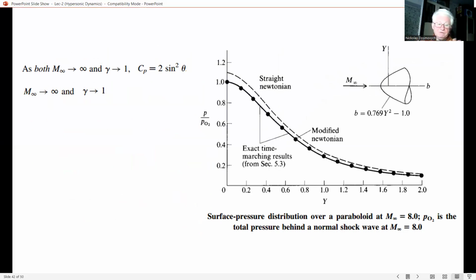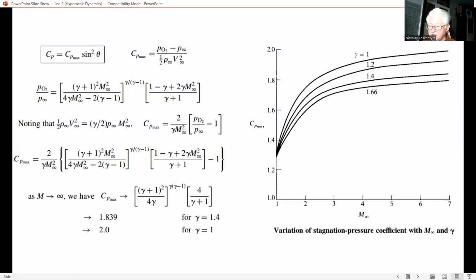And from here we should note the following. First, the modified Newtonian law is no longer Mach number independent. The effect of a finite Mach number enters through our equation, as derived on the previous slide, for Cp maximum.